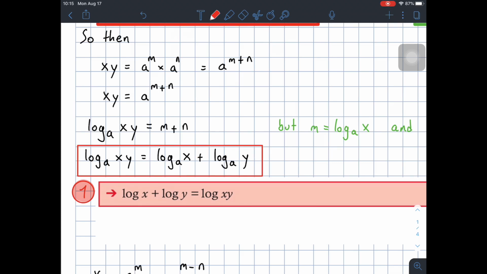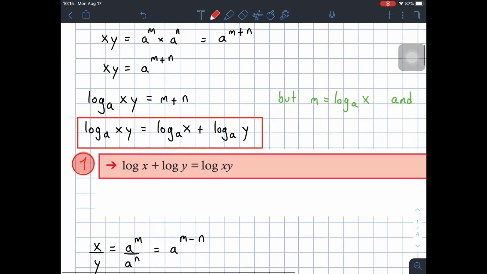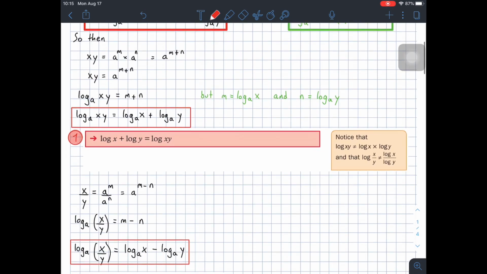And this is exactly what the first law is about. If I have log of x plus log of y and I have the same base, in this case the base for both, remember the implicit base is 10, so they have the same base, then I can rewrite this as a single logarithm where the arguments are being multiplied, okay? This is the first law of logarithm.